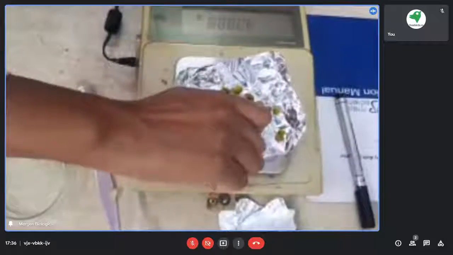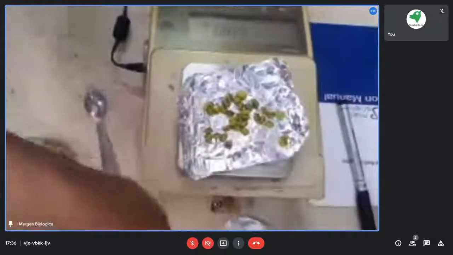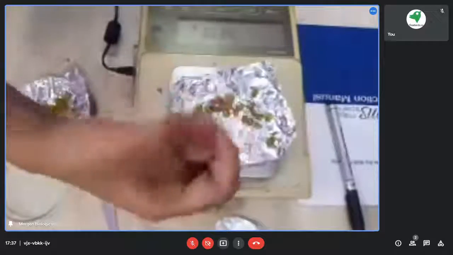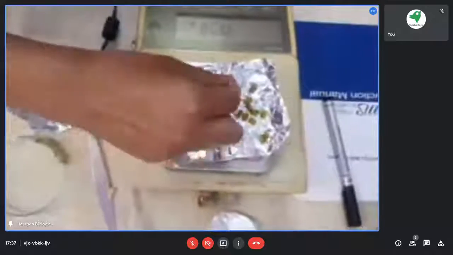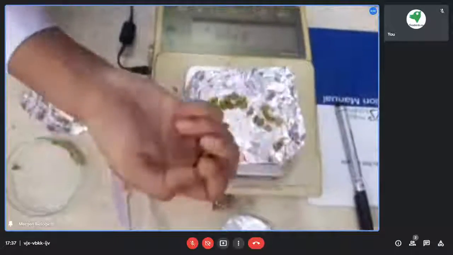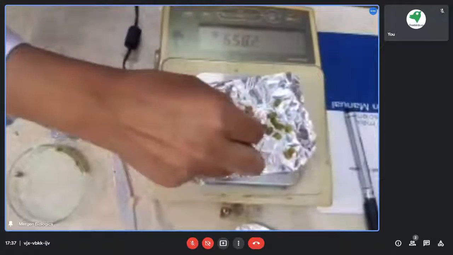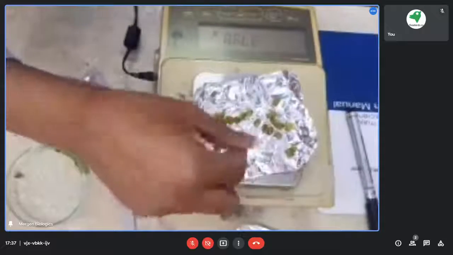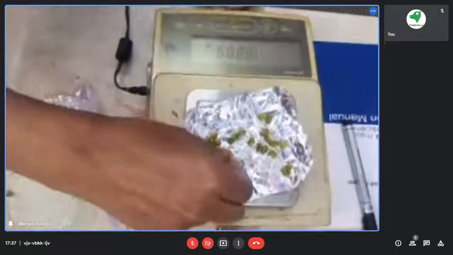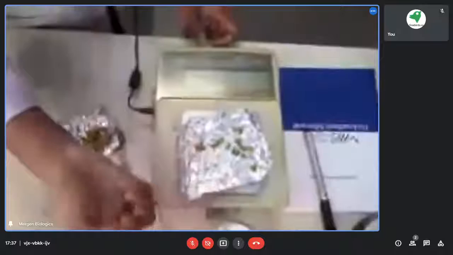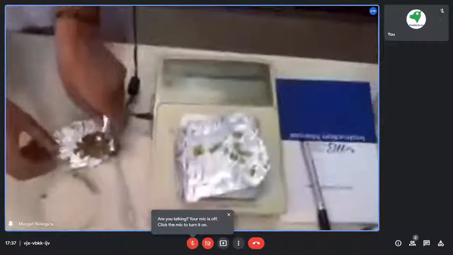I will try to take 2 grams of sprouts so that we can give a clear comparison. Now it is almost 2 grams.